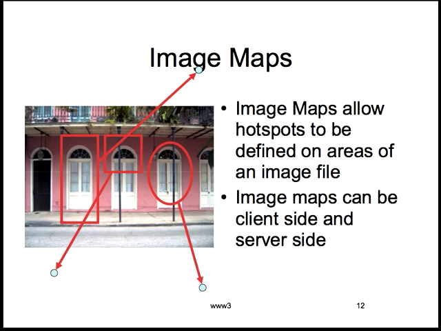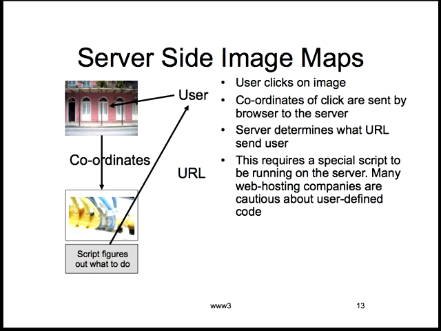Now there used to be only server side, but now we usually only use client side. I'll explain the difference. With a server side image map, the user clicks on the image, and then the browser sends the coordinates that they clicked on off to the server.